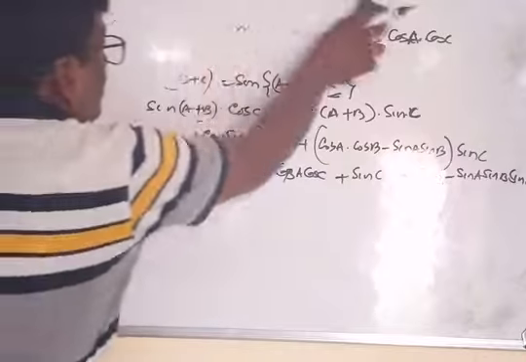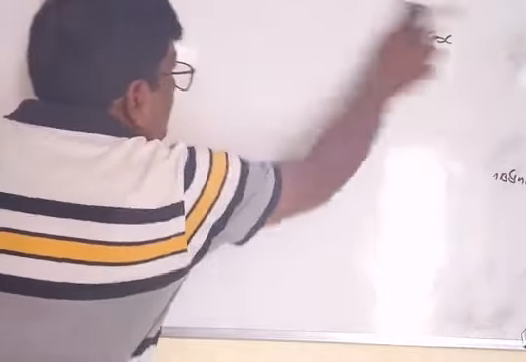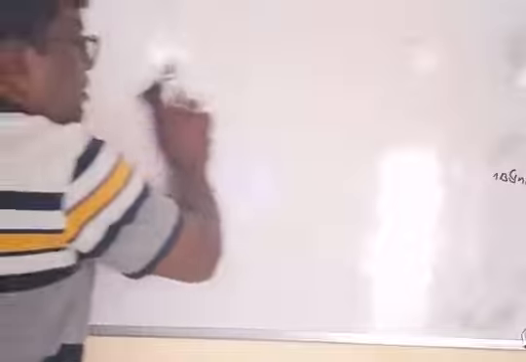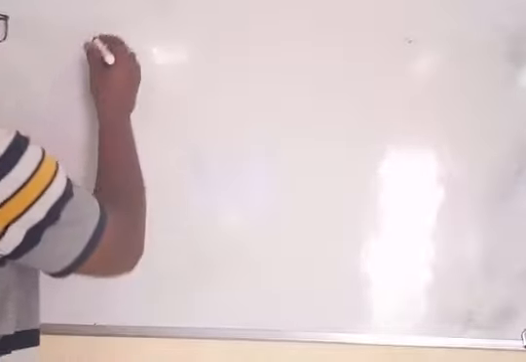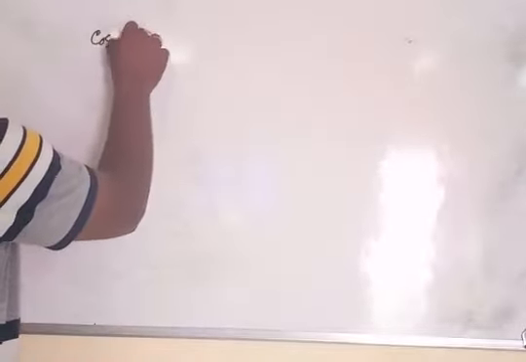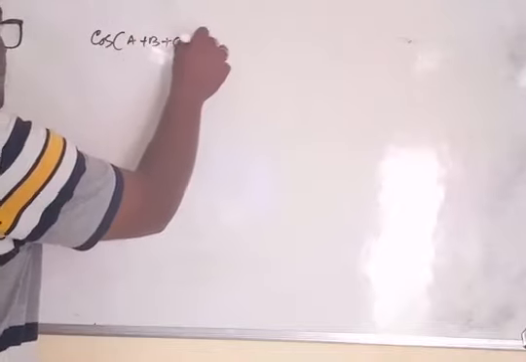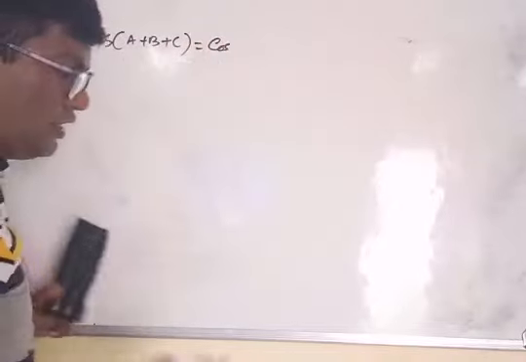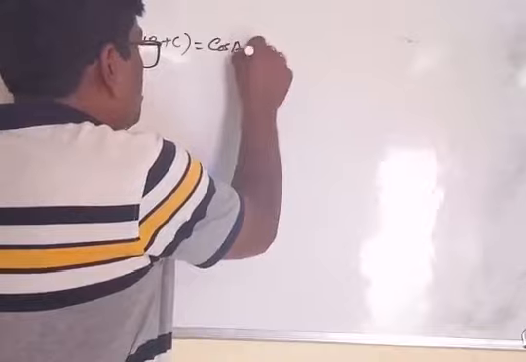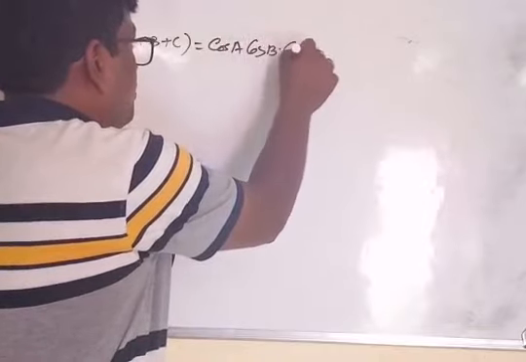Another, this is the sin a plus b formula and cos a plus b formula. Cos a plus b plus c: first three cos terms, cos a cos b cos c.